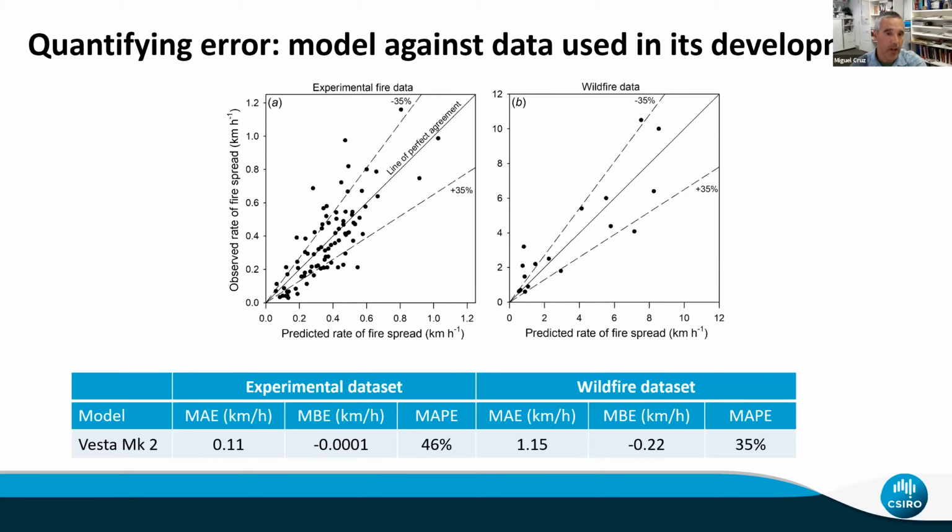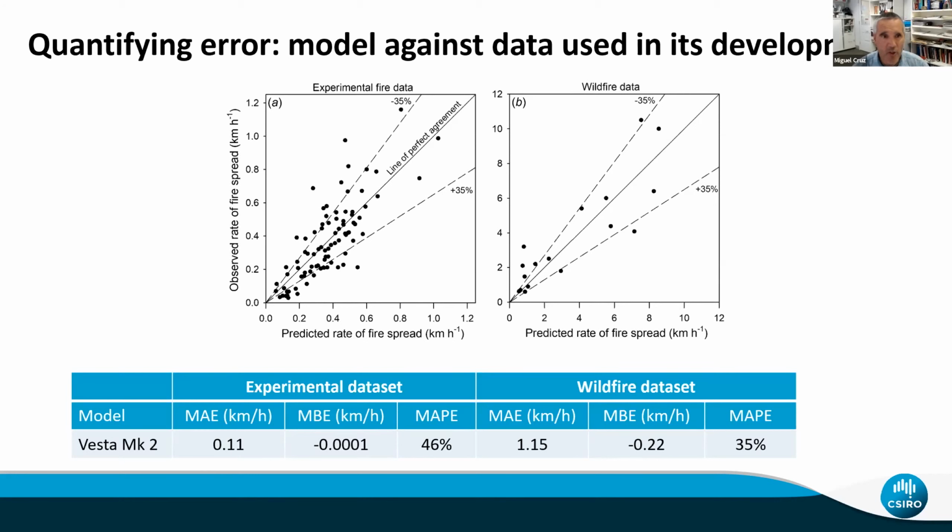And so when you look into these error metrics, you need to look into not just absolute error, but also the percent error. As an example, we have about 110 meters per hour for the experimental data set in terms of mean absolute error, and that is a 46% error on average.